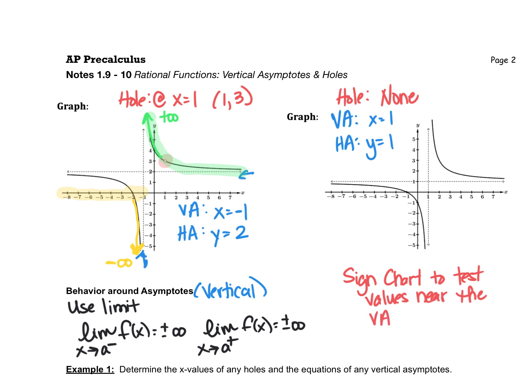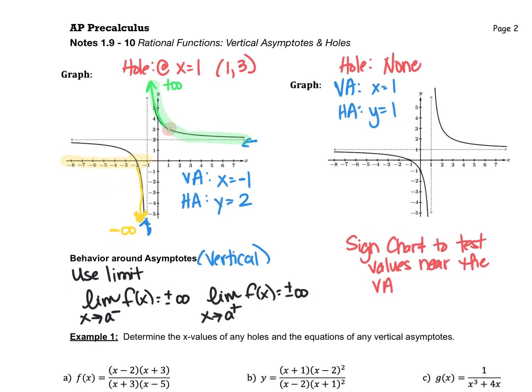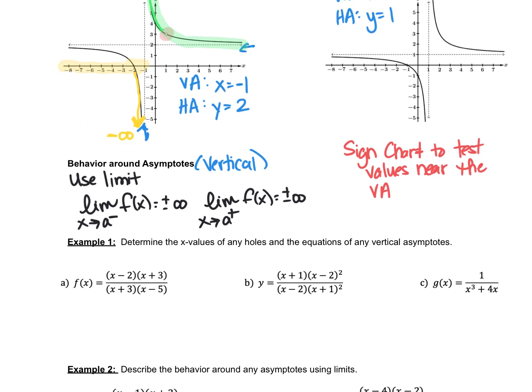And I'm talking really near, like we're going to use 0.5s of things, okay? But factored form is really going to help us to see that, okay? So I want to show you a couple here in just a second that we're going to talk about. Can we describe the behavior around any asymptotes using our limits? And we're going to talk about just vertical asymptotes today, okay? Describing that behavior.